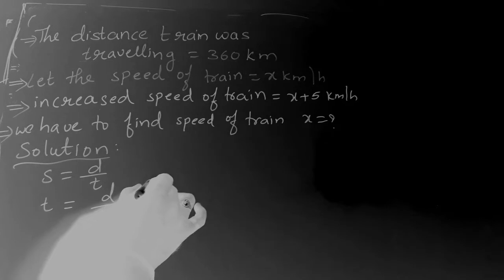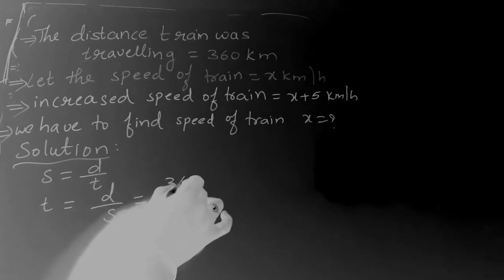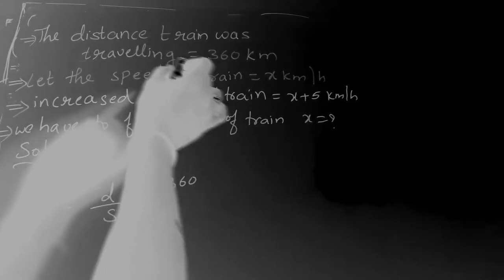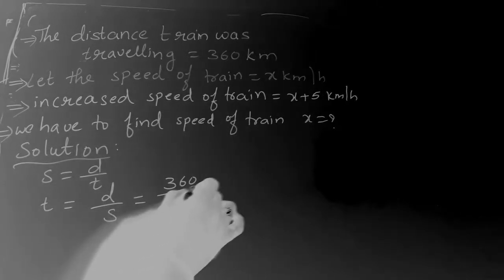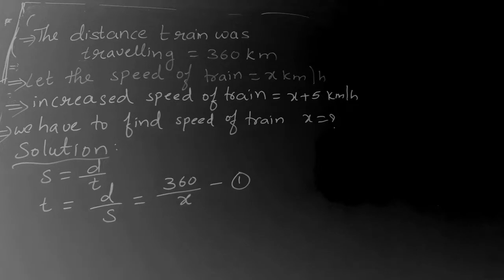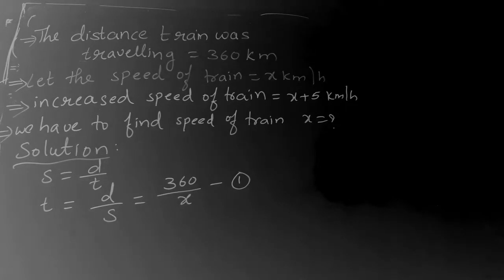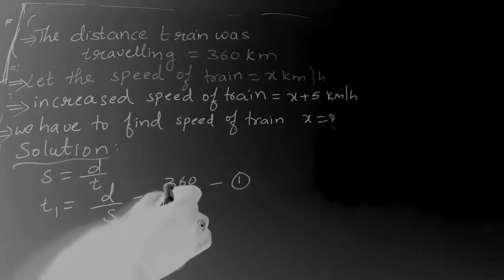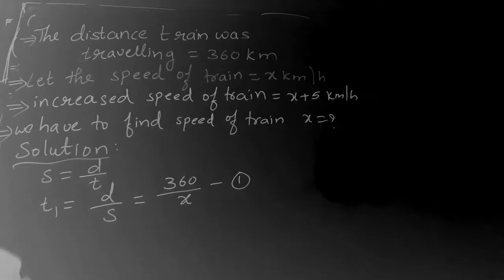Here distance is 360 kilometers, and speed of the train is x kilometer per hour. This is the first situation. When the train is moving at x kilometer per hour, the time taken is t1 is equal to 360 by x.